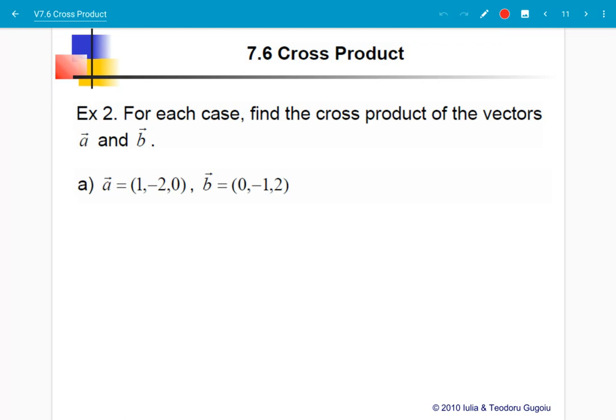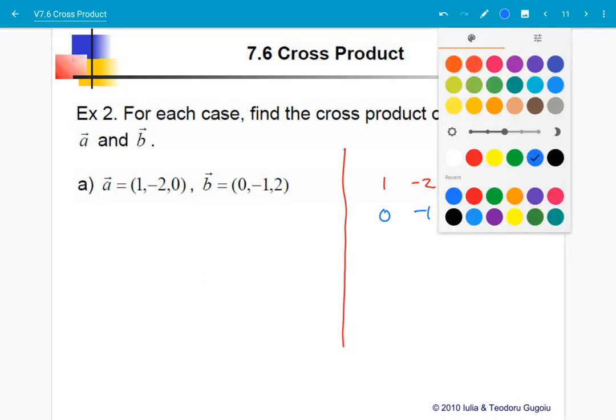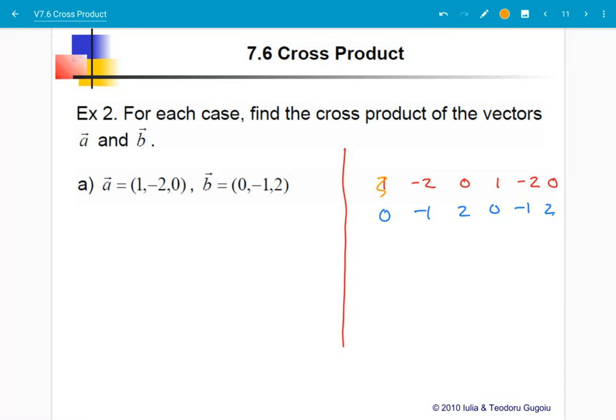So off to the side, we're going to do a bunch of work. What you do is list the x, y, and z components of the A vector. And then you list the x, y, and z components twice, just like for the A vector, but now for the B vector. Now you ignore the first, and this is the crisscross here.